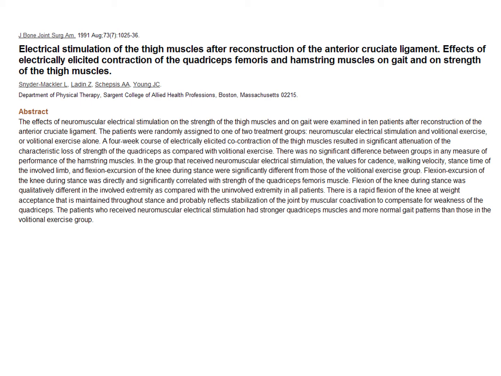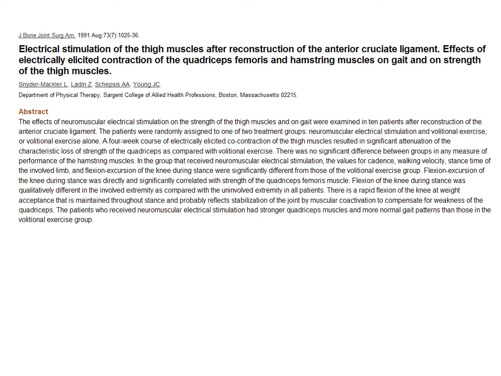They also performed volitional exercise, and then the second group performed volitional exercise alone without the addition of the neuromuscular electrical stimulation. So this is an example again of a randomized controlled trial that has one independent variable with two levels, two different forms of intervention.